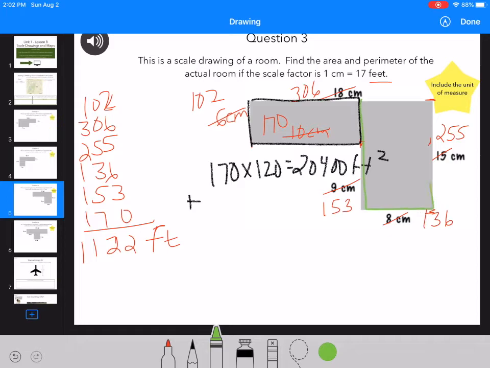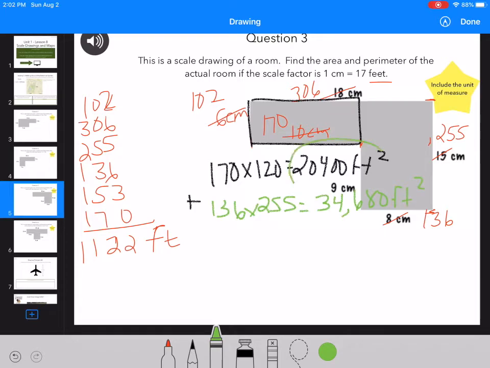Okay, I'm going to add that with this rectangle, which is going to be 136 times 255. I get 34,680 feet squared.